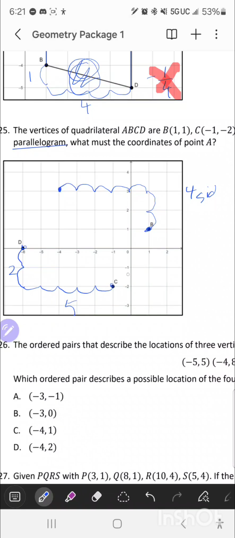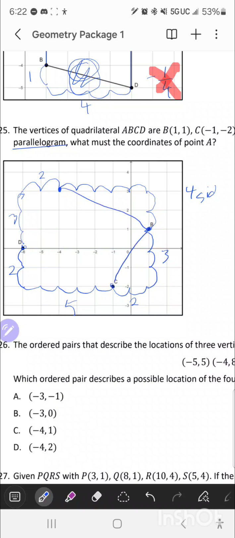And if I'm not sure, I can count this and I say 1, 2, 3, so 3, and this is 2. So then here I need 3 in the y direction and 2 in the x. So 1, 2, 3, and 1, 2, and we get to the same exact point, which is going to be negative 4, comma 3.